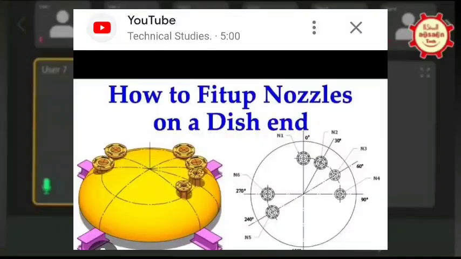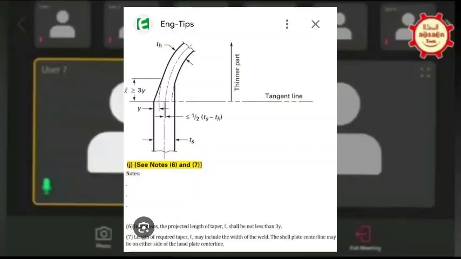Even then it is passing. It is a 2-inch nozzle, and from the edge of this nozzle to where the bevel starts, I have at least 300 mm. But still PVElite says it's an overlap. This I didn't understand.